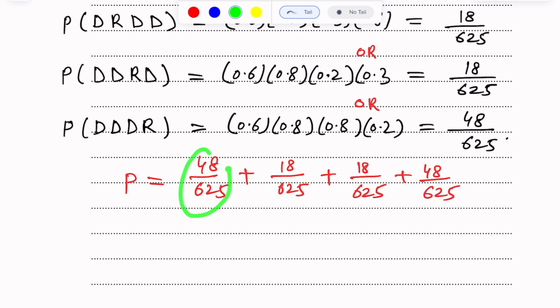After calculating all these options, we get finally the answer is 0.211. This is the final answer correct to three significant figures.